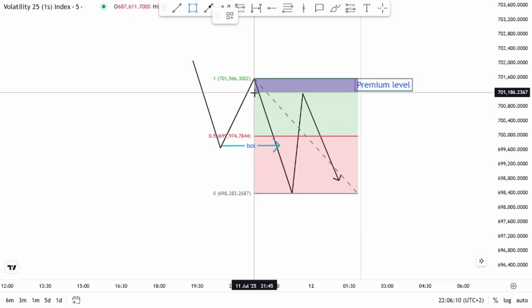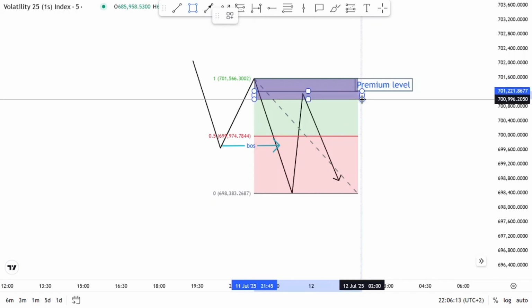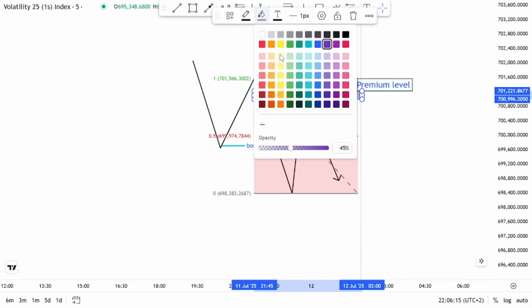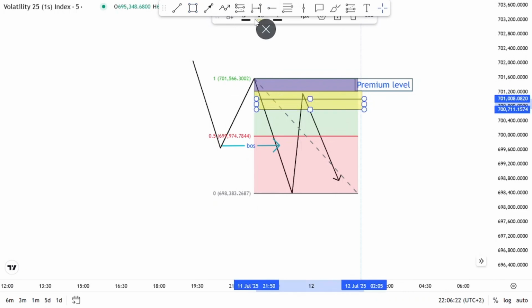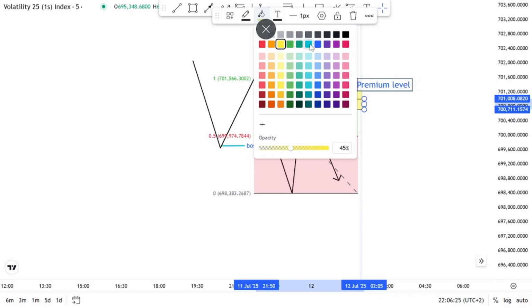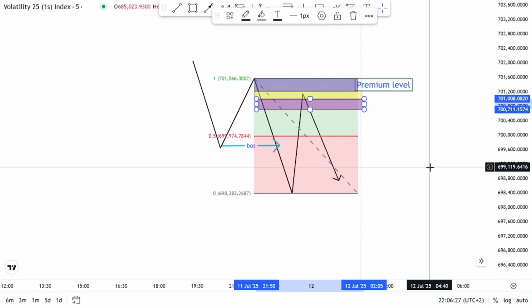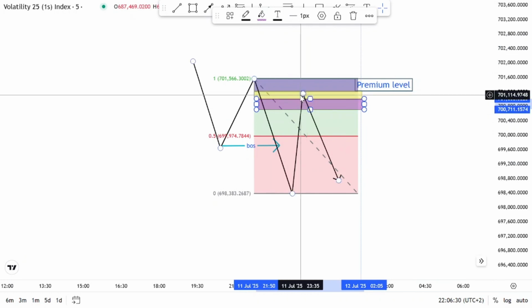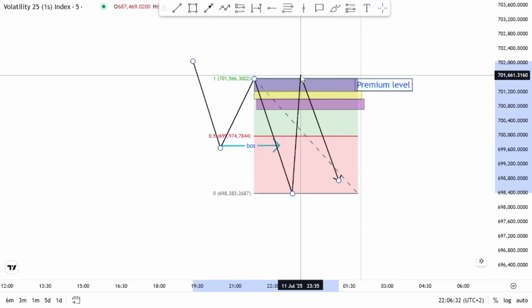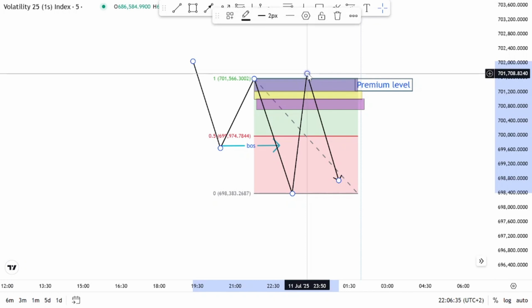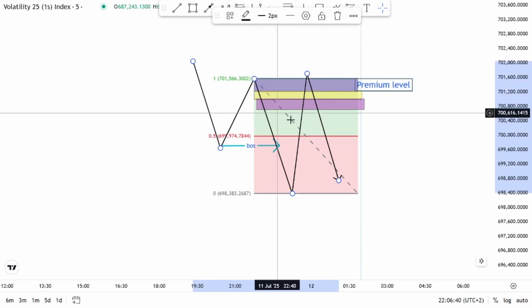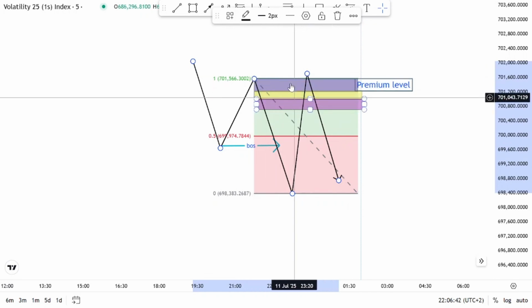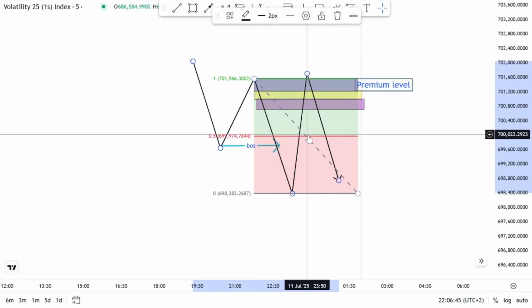Your fair value gap will be sitting here. Your mitigation block, breaker block, they'll all be sitting here. And of course, your previous high, which is around here. So this is where we will be selling at a premium level, around these levels here. So we don't sell around here.